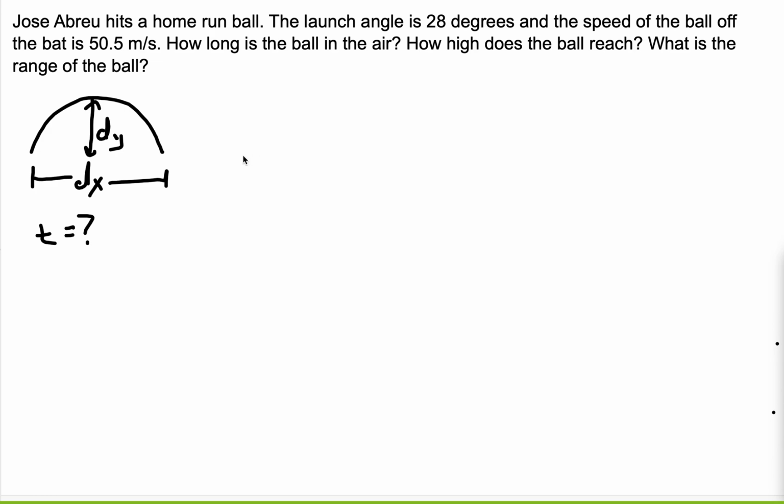So to figure that out, I need to know a few things. First of all, I have to remember that the velocity that the ball is hit with, the velocity at the very beginning, is going to be equal to the velocity that the ball hits the ground with.